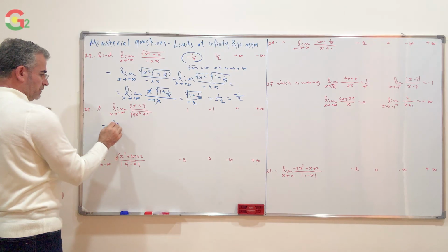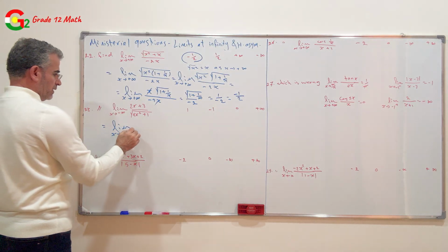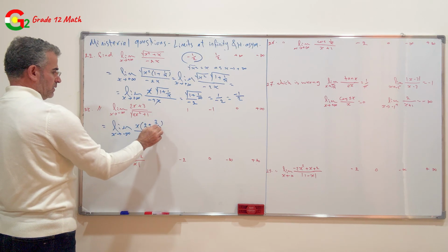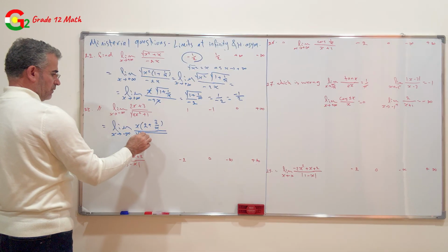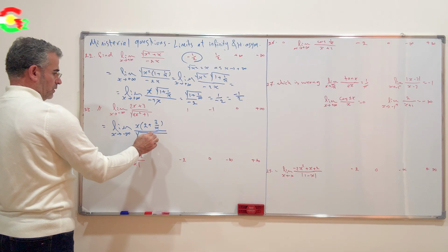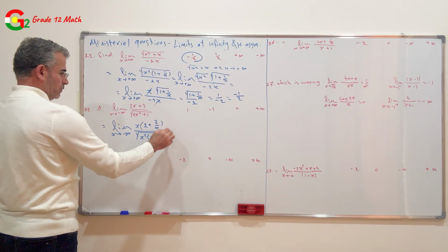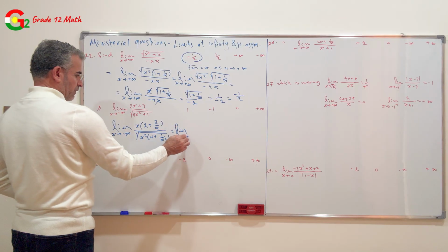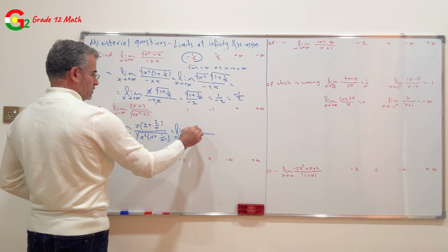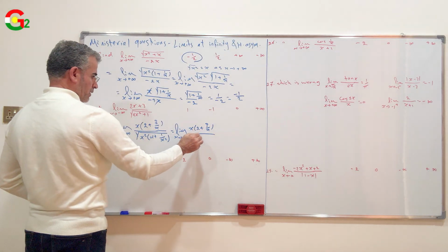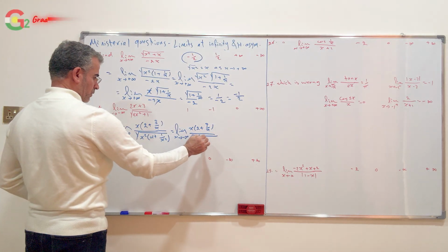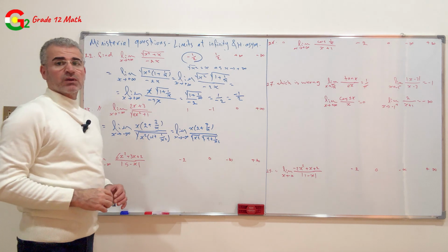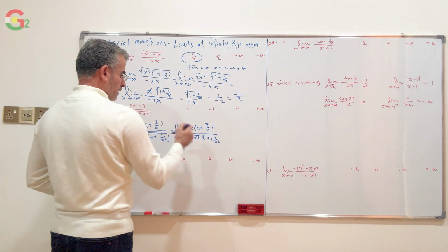This equals the limit as x approaches negative infinity, factorizing x, of x times 2 plus 3 over x, over the square root of x squared times 4 plus 1 over x squared. The square root of x squared equals negative x, since x approaches negative infinity.